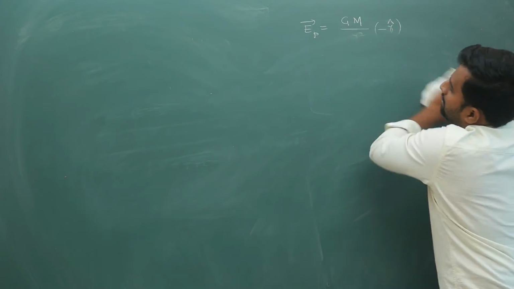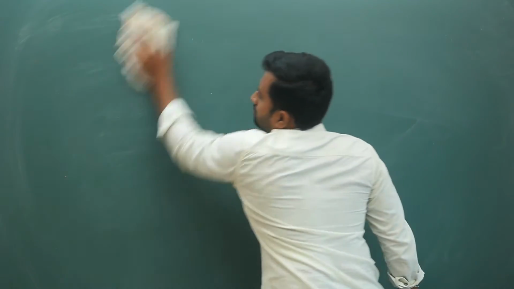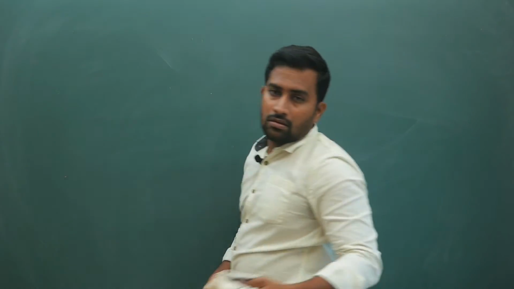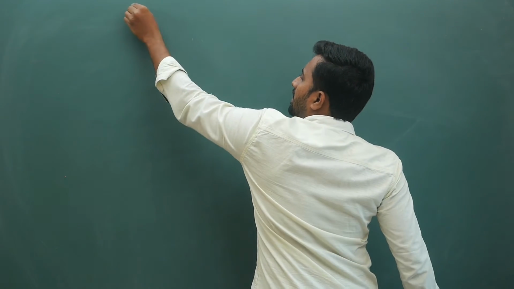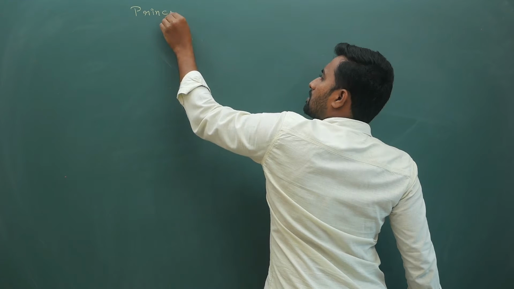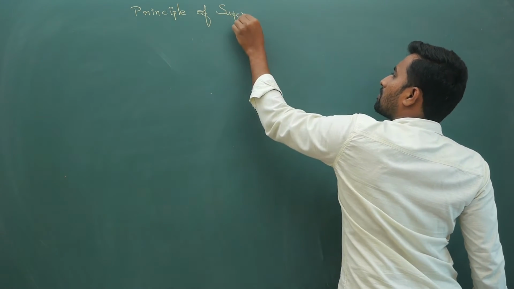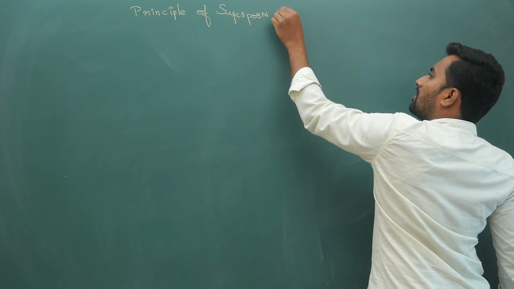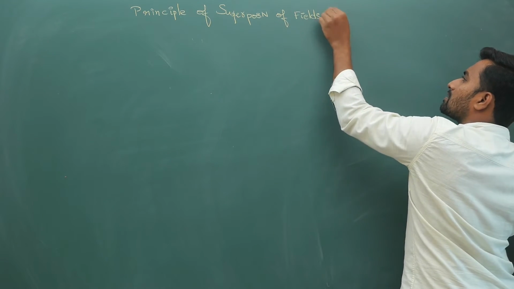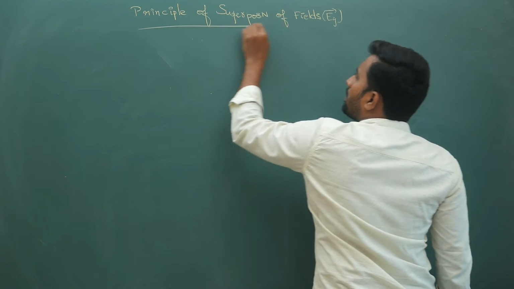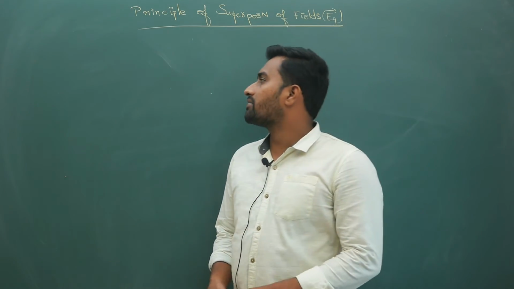Next we will be seeing the field because of multiple point masses. So your heading is the principle of superposition of fields. What is the principle of superposition of fields? I will explain, observe carefully.